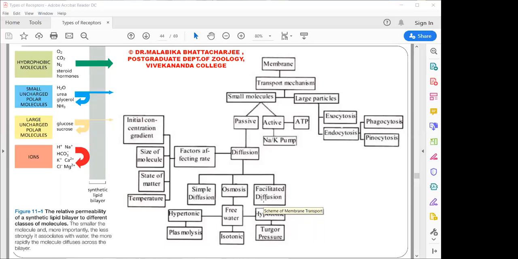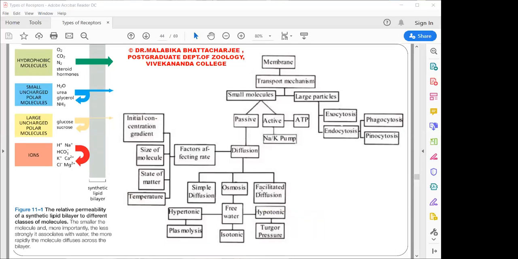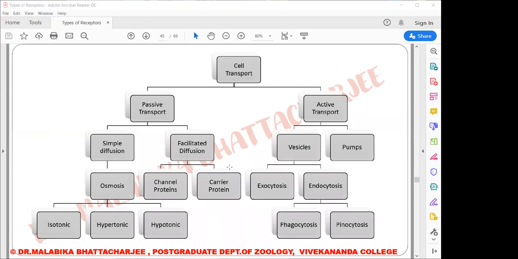So this is a very rough scheme about the various kinds of transport. This is a much more simplified scheme. It talks about almost the same things which I have discussed. However, in active transport, a little elaboration has been done.